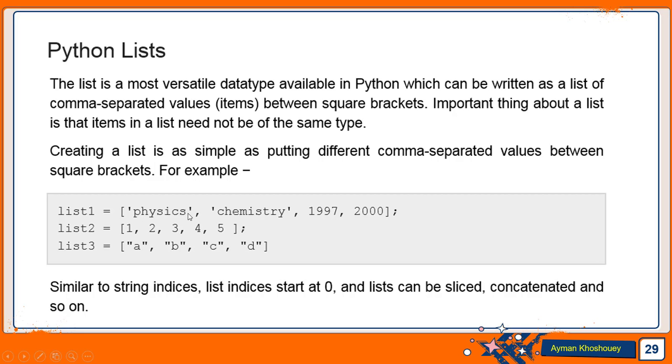This is the first item, physics, a string variable, string type, chemistry, 1997, 2000. You can put different types of variables in the same list.